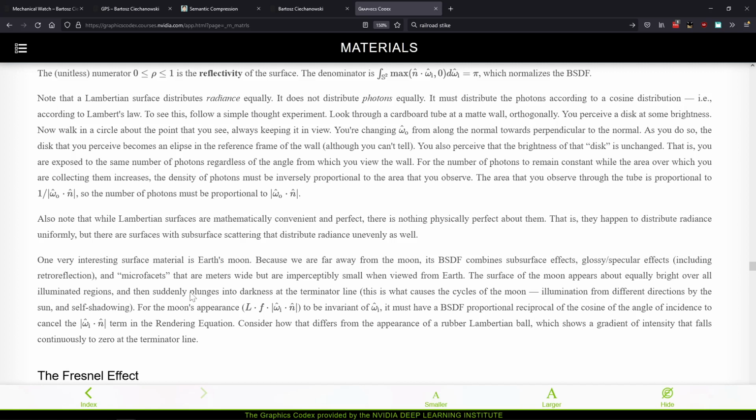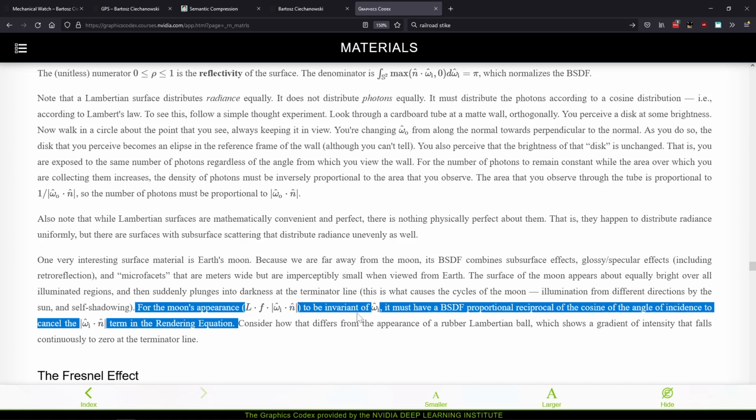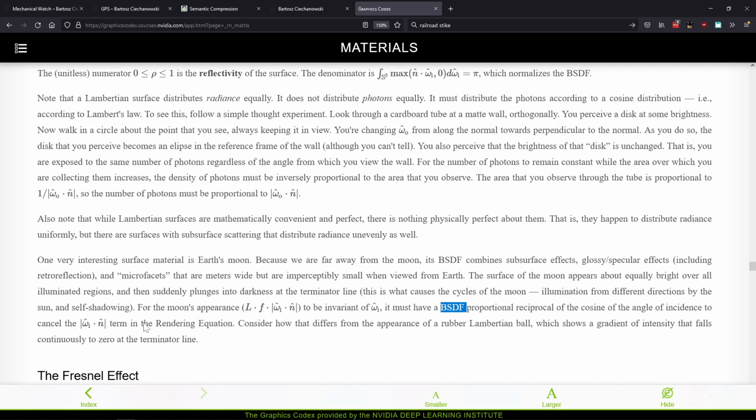Because even in a Lambertian sphere, you still see it get darker around the edges because of the cosine law. But that doesn't happen with the moon. It's saying that there is a term that cancels out the Lambert law term.